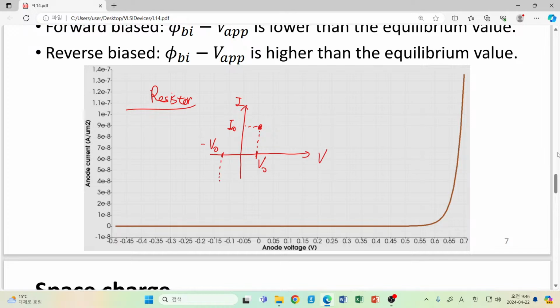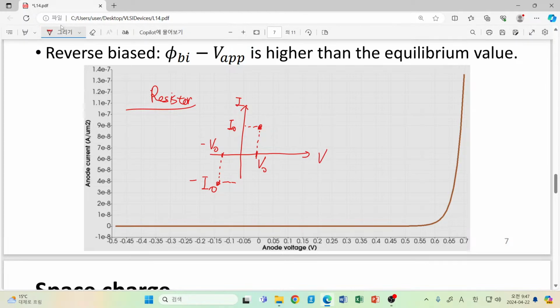Obviously, this would be minus I naught. So that is quite natural. Just changing the polarity of your applied voltage makes the final result just inverted without changing its magnitude.